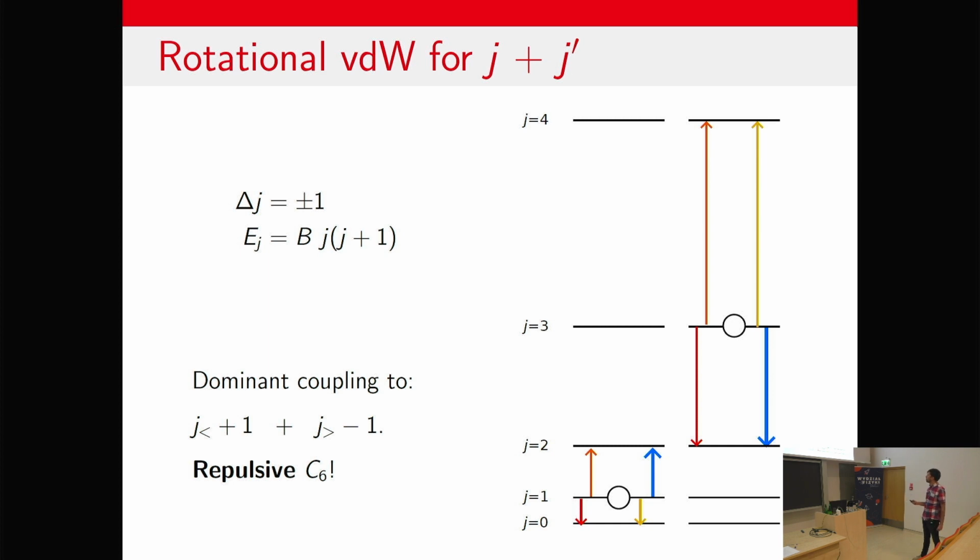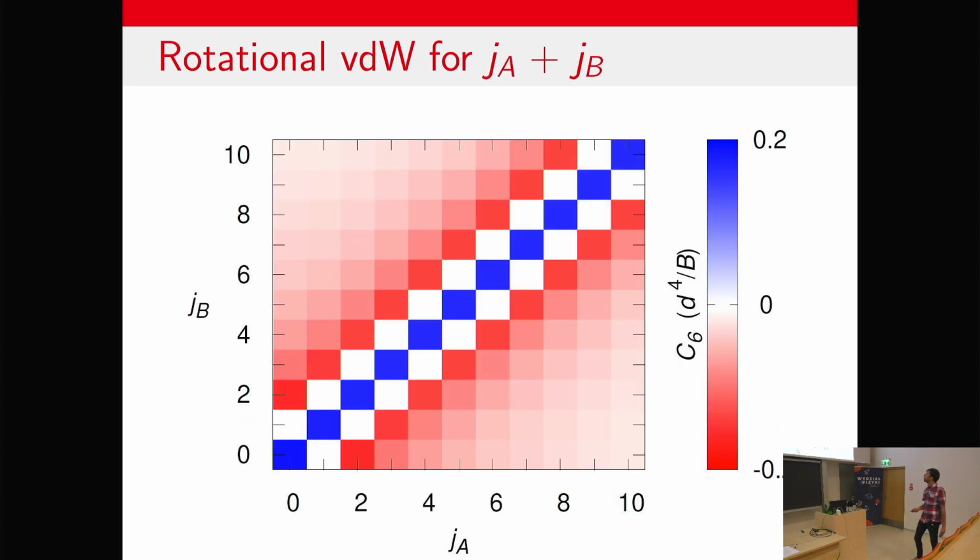Also, if we put them in j equals 1 and 3, for example, you have all sorts of options, but the smallest energy difference you get by de-exciting the highly excited molecule, exciting the molecule in the lower rotational state, which gives you a state that's lower in energy, gives you a repulsive R-6 interaction. So we've already heard 2 talks about creating repulsive interactions, and so this should be useful somehow.